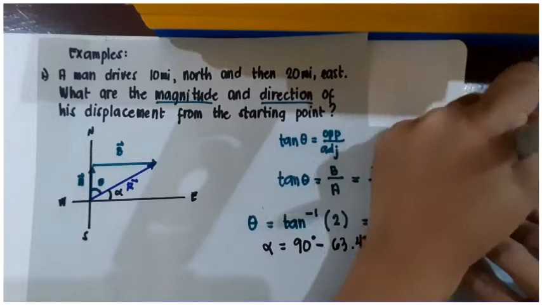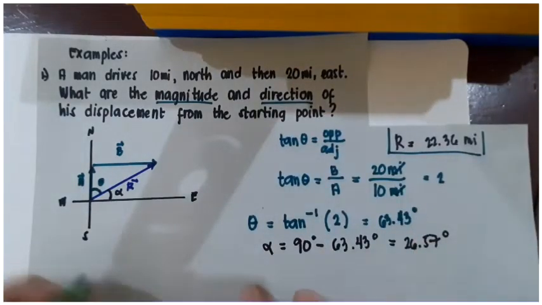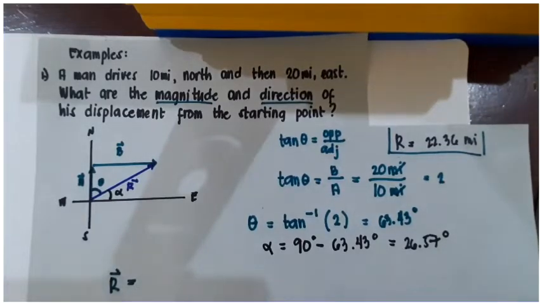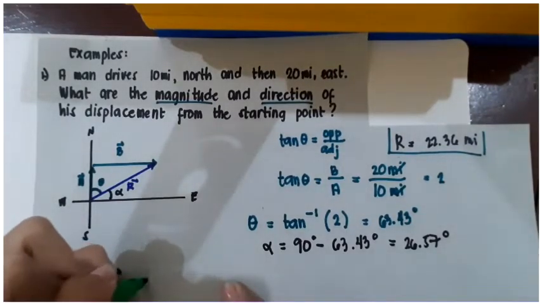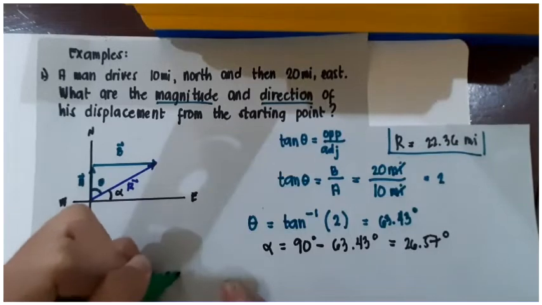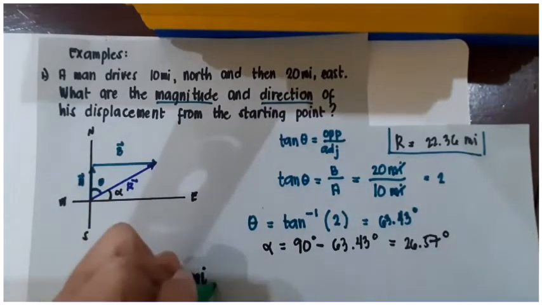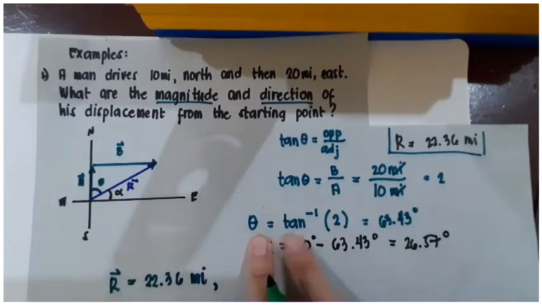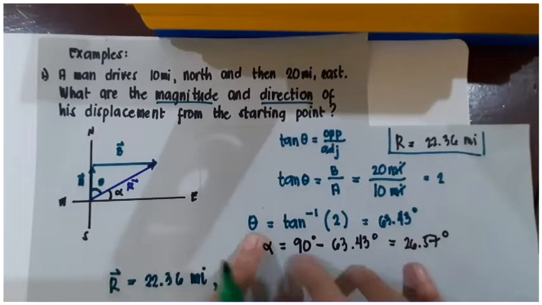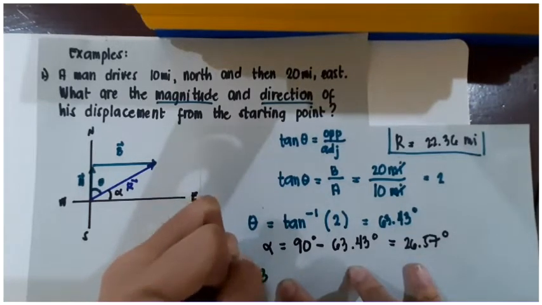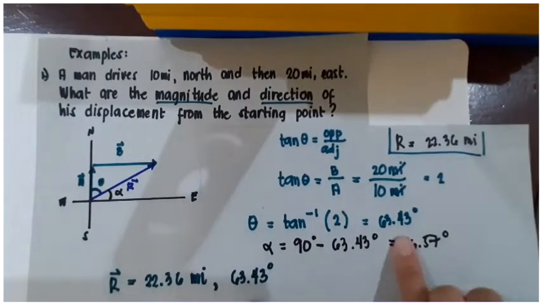This is still your magnitude. So how to write your final answer? It could be your resultant vector is equal to 22.36 miles, and then we can use this theta, 63.43 degrees.